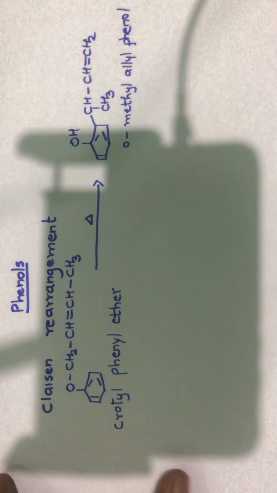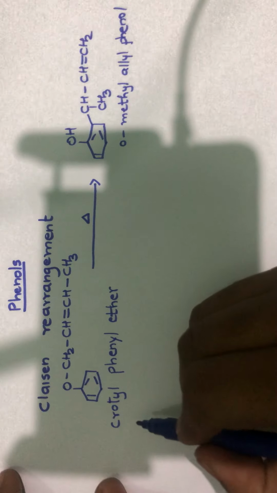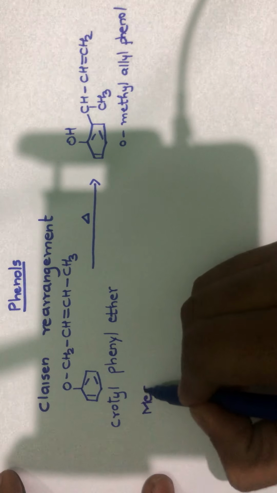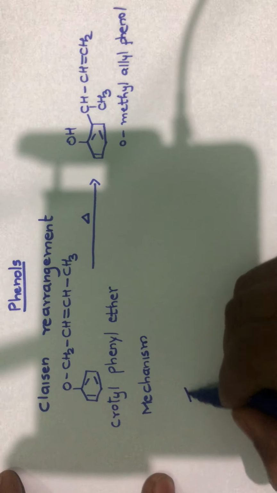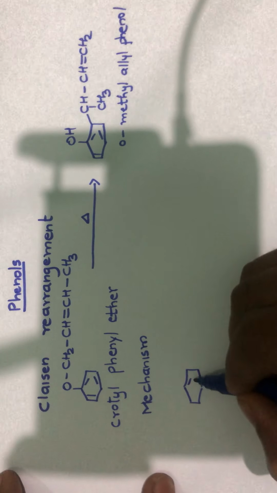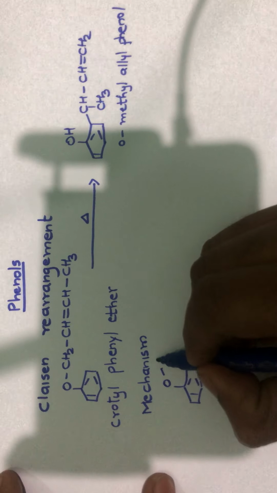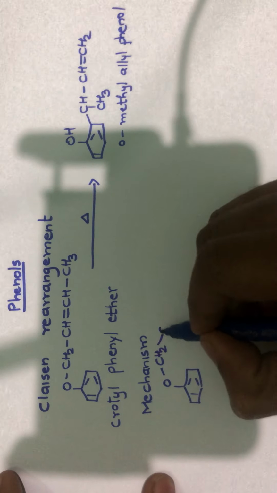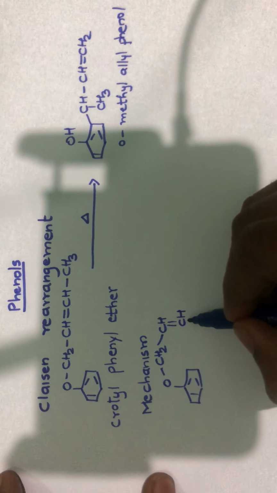Let us discuss the mechanism of this, how the reaction takes place. Very important reaction. This is the mechanism. Benzene, O, CH2, CH double bond CH, CH3.